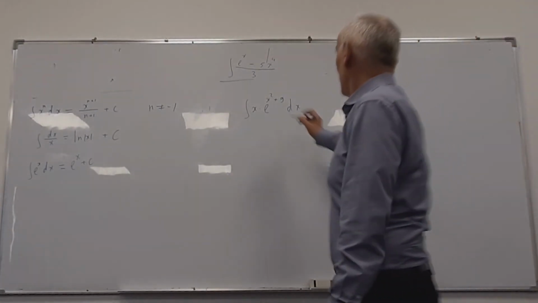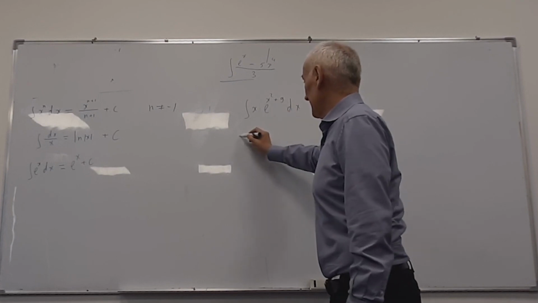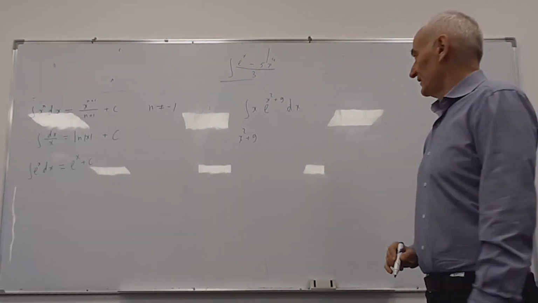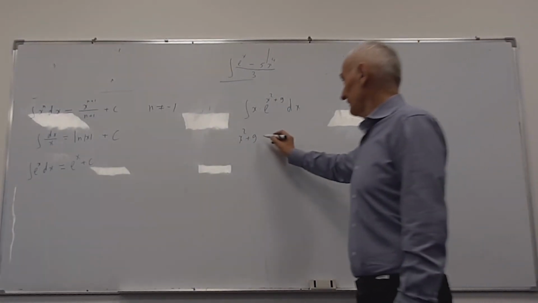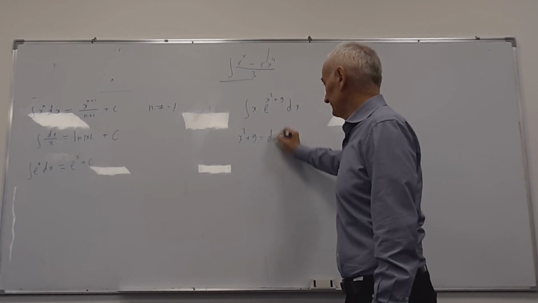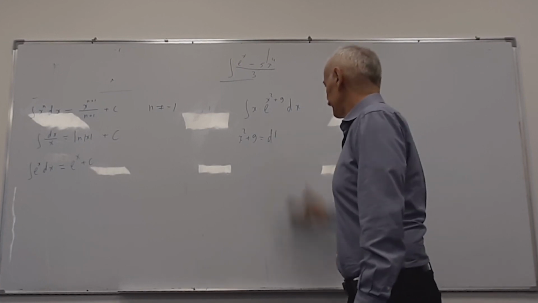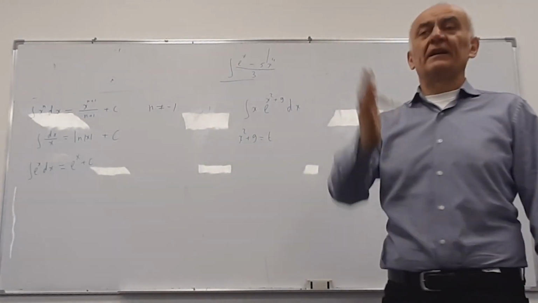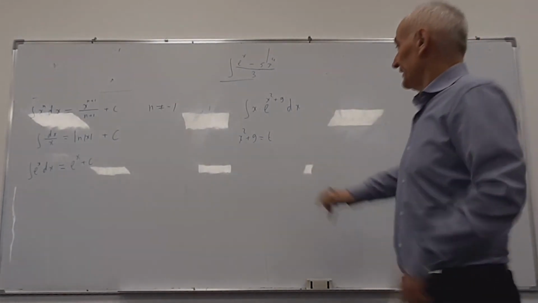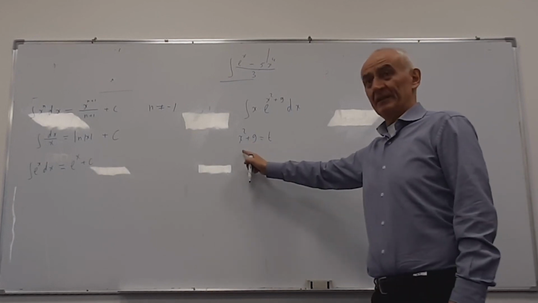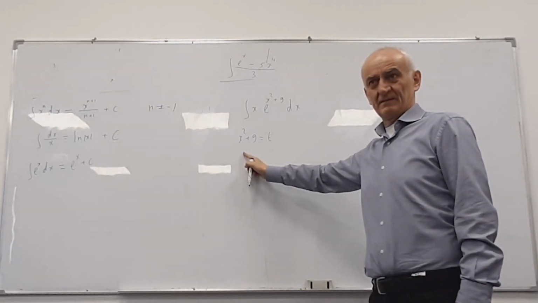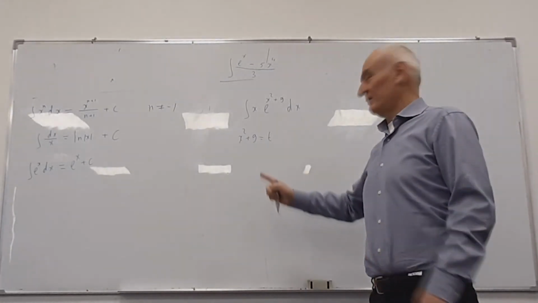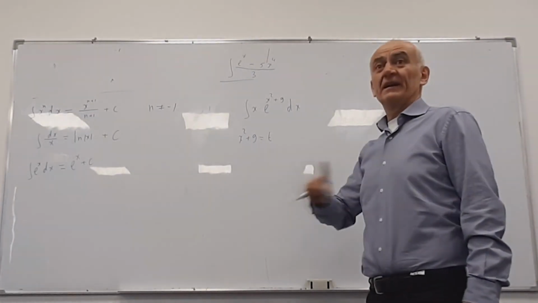And how? We can denote x squared plus 9 by t. And now pay attention. If we now try to solve for x, it will be a complicated expression. That's why we will use another way.